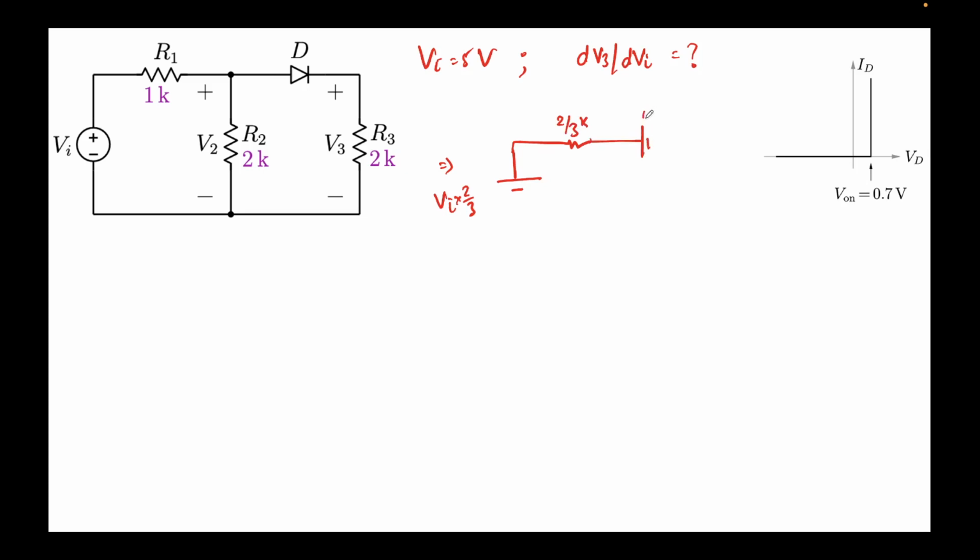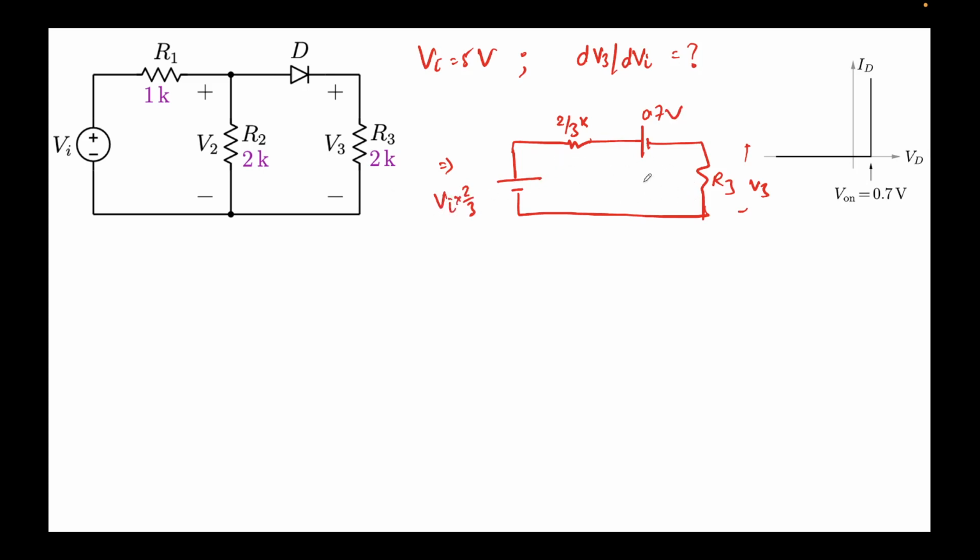And then this was 0.7. This was again R3, right? And this is the voltage V3. We have already derived this in the last problem itself. Because Vi was 5, this was coming out to be 10 by 3, and hence I have just replaced it with the original value of Vi.